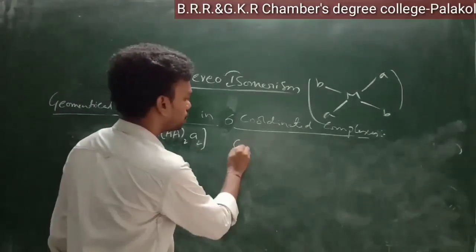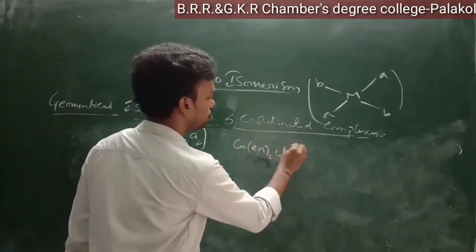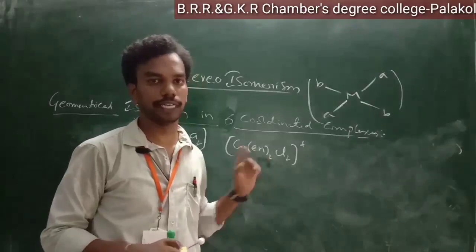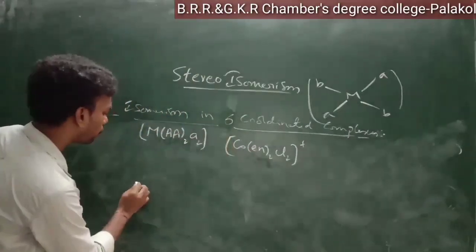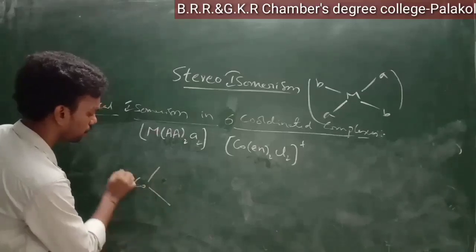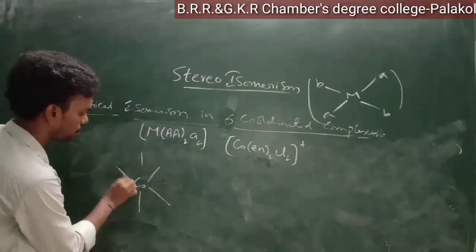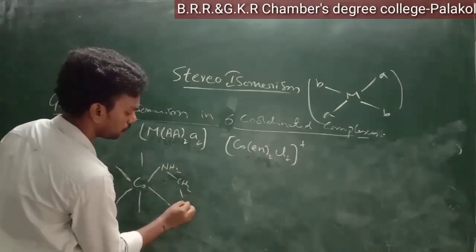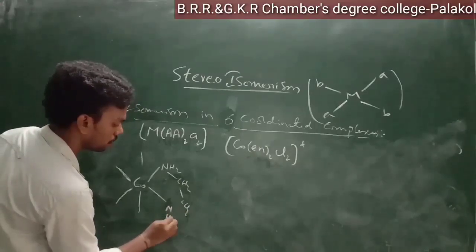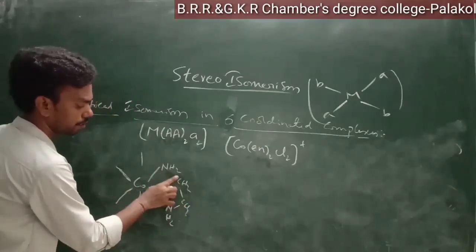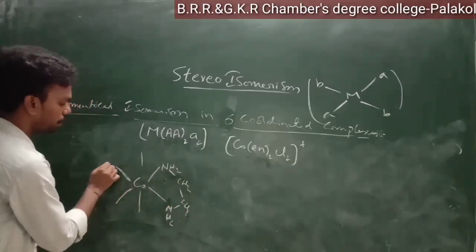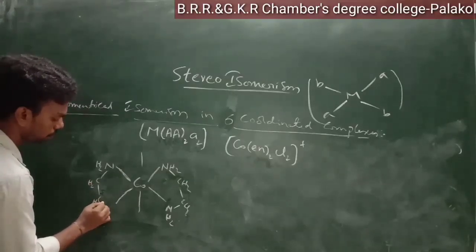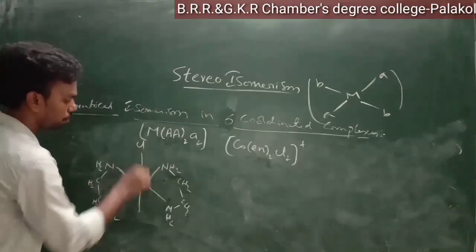Let's take an example. [Co(en)2Cl2]+. So number of geometrical isomers exhibited by this complex. Let's see. Okay, complex Co, NH2, CH2, CH2, NH2, and NH2, CH2, CH2, NH2, chlorine, chlorine.